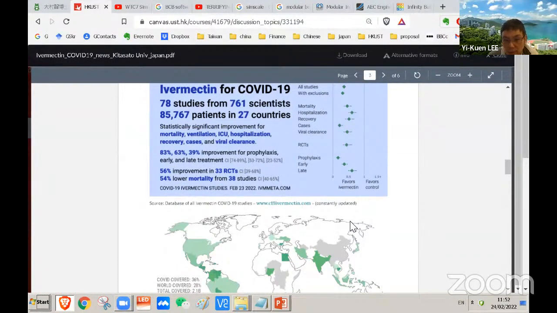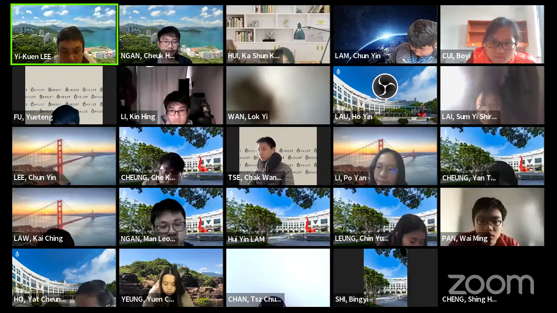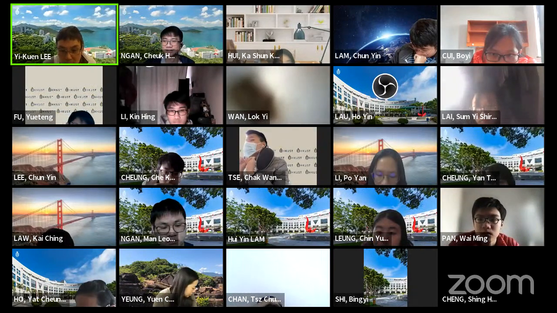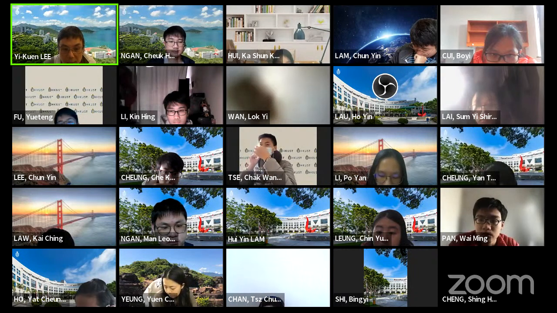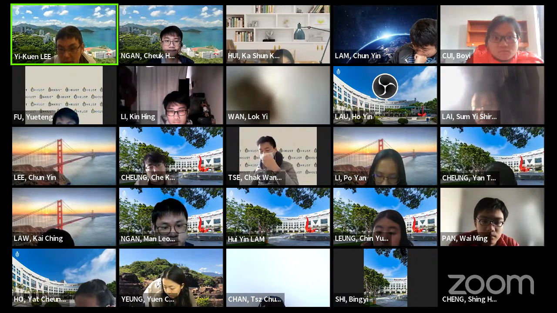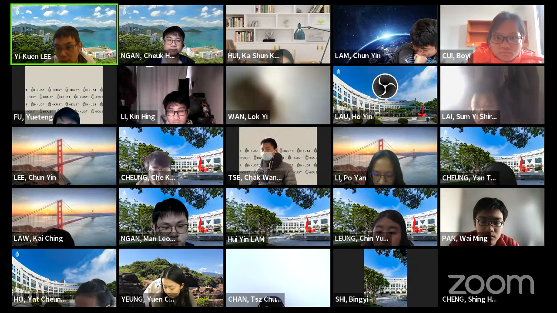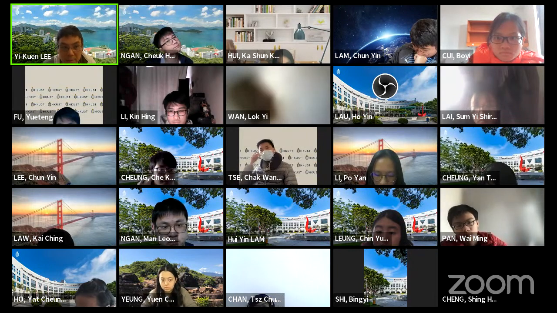But unfortunately, I don't believe the Hong Kong government lets ivermectin be used in public hospitals. So I provide you more information, in case you or someone you know suffers a very severe COVID-19 infection, this low cost drug can save people's lives.